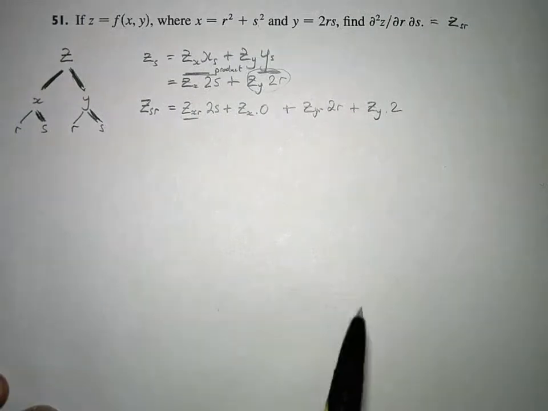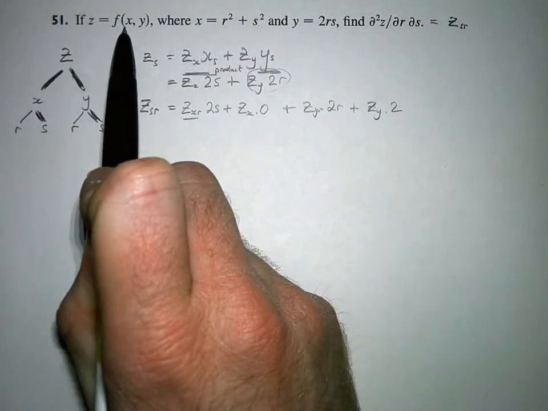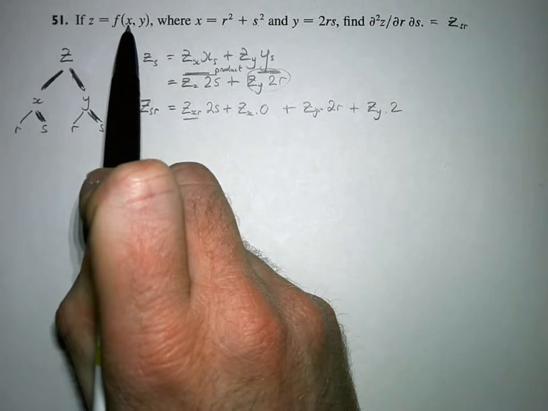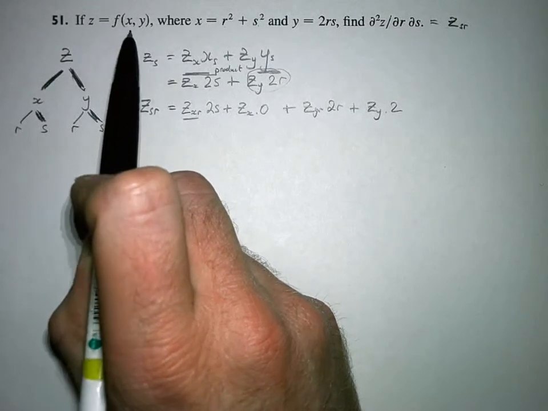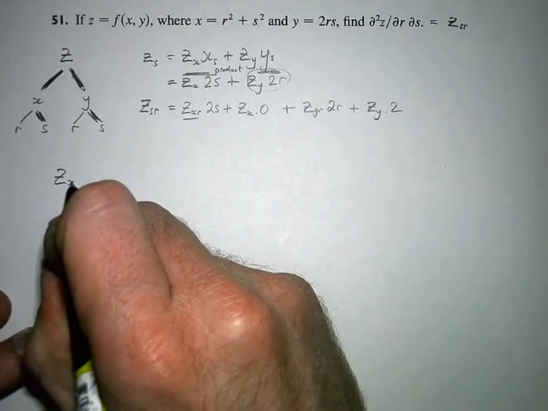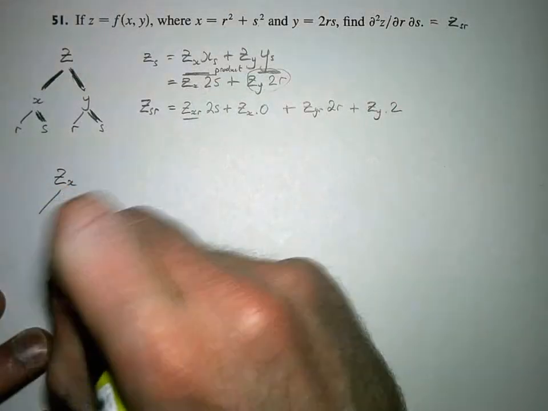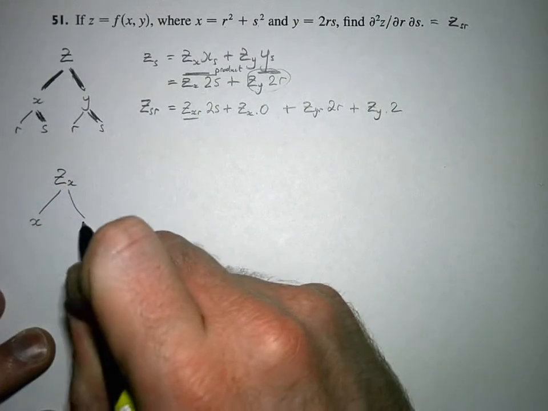Now, what is zx? We don't know exactly what z is, but we know we can differentiate it with respect to x. And when we differentiate it with respect to x, we're left with another function. And this function, z differentiated with respect to x, is also going to be a function of x and y.